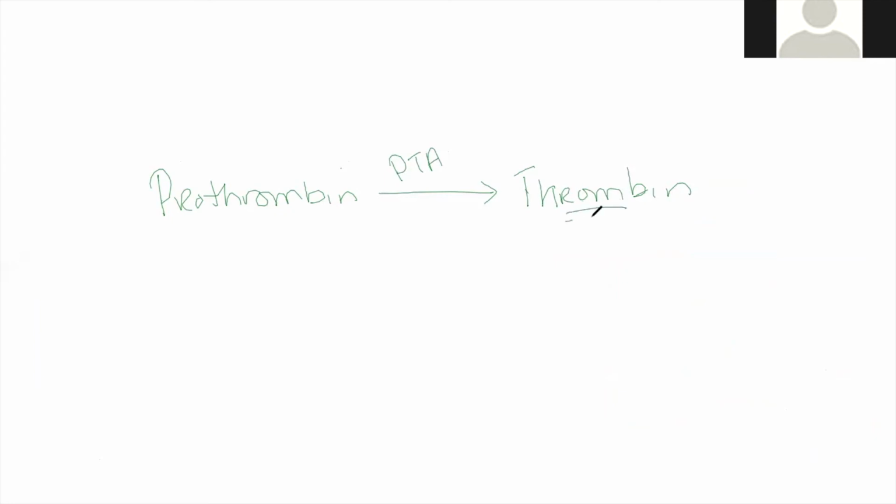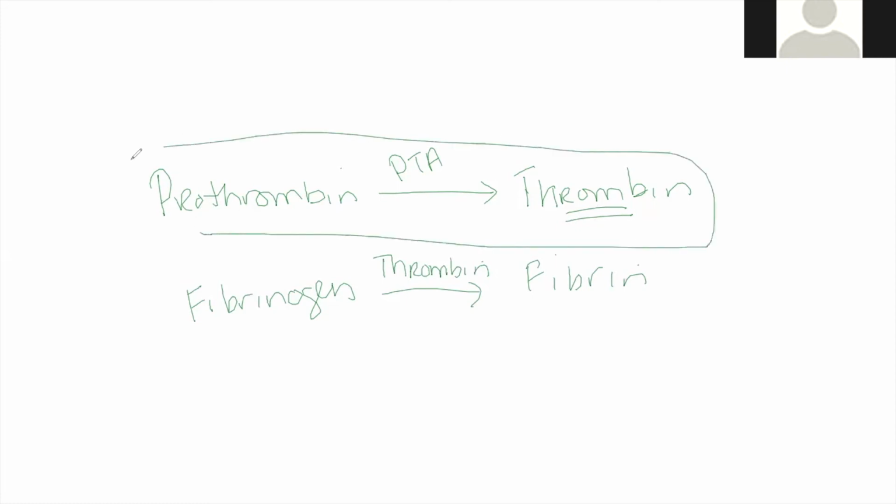So now that we have thrombin in the blood, another inactive protein, fibrinogen, all right, and this is another factor, needs to convert to fibrin. And the way that it does that is by way of thrombin. So this step needs to occur in order for this to happen. Because we can't necessarily be running around with a bunch of mesh in our body unless we're needing this, right? So we need that fibrin.